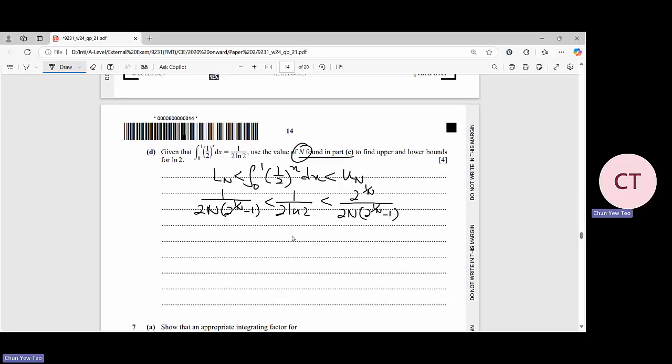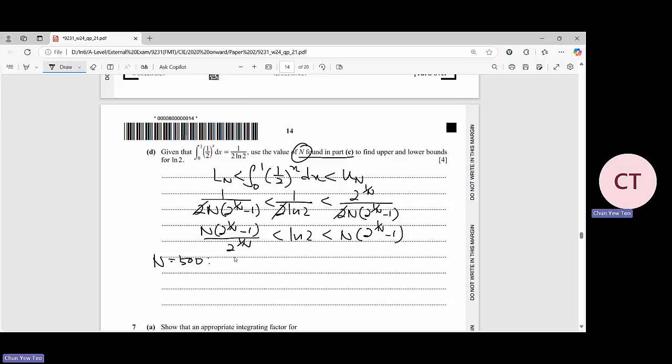Okay, so we can actually cancel the 2 here, and we make it ln 2 is between n times 2 power 1 over n minus 1 and n times 2 power 1 over n minus 1 over the 2 power 1 over n. So n is equal to 500.